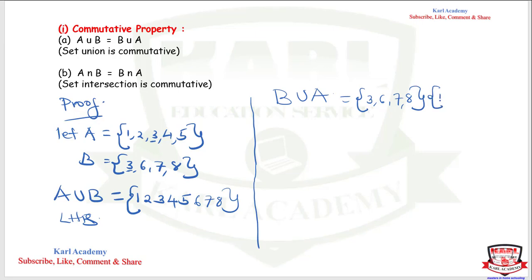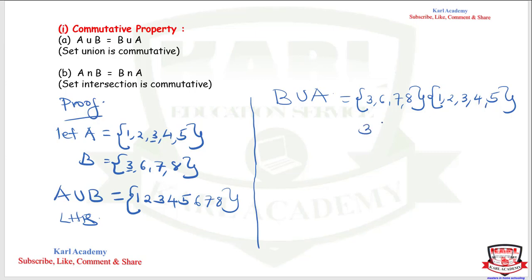Then the members of A are 1, 2, 3, 4, 5. In the union, we take all the elements of both sets. We only drop the repetitive elements, whereby we don't write twice of them. We just pick one of the elements.